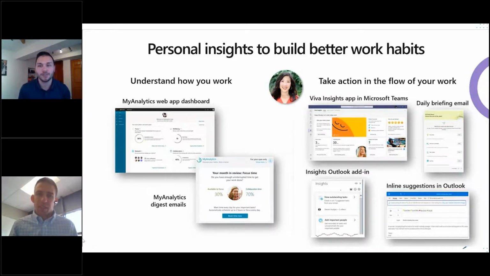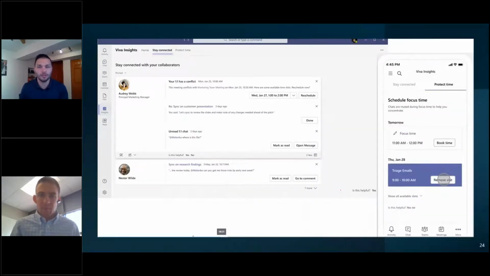So exactly what you're seeing here is a couple of screenshots of what people are going to get, as far as being nudged along to either take time for themselves to make sense of more focused time, and that's going to be more of the MyAnalytics. But then there's also getting more of an understanding of where your team needs to be, and then curating those one-on-ones. Am I having these one-on-one meetings often enough with my employees?